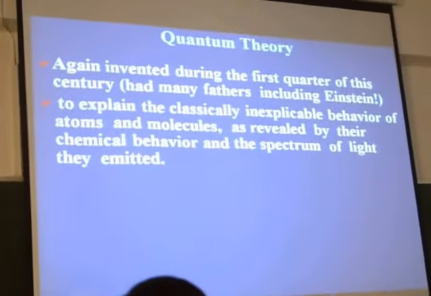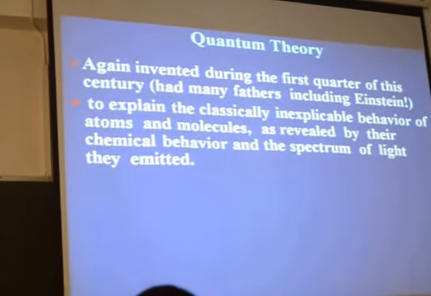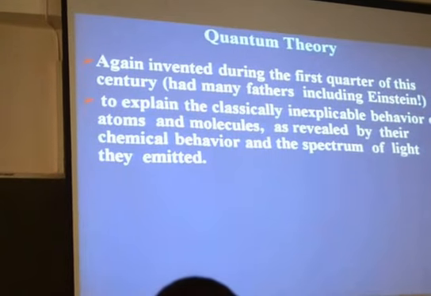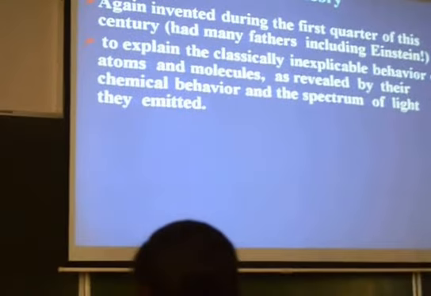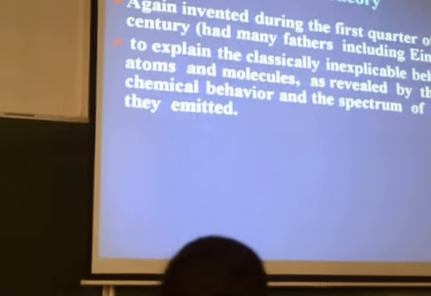Till then it was not visible, it was not observable. So when you looked at the behavior of atoms, molecules, spectra, chemical behavior, you realized that classical theories are not working there. So quantum theory was invented for them.